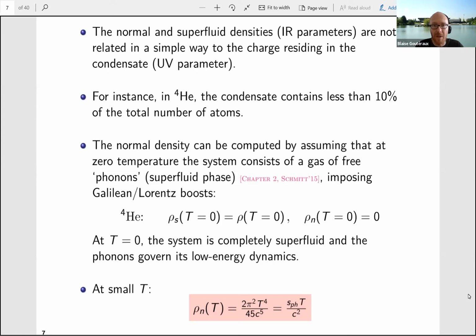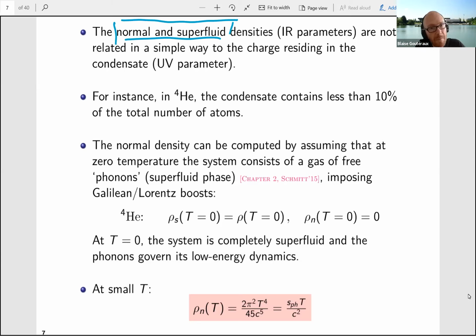It's written in terms of microscopic parameters. And then if you're powerful enough, you can take a continuum and a long wavelength late time limit where you will see that all the dynamics is contained in the evolution equations of the current and the stress energy tensor. And then you will be able to compute the normal and superfluid densities.